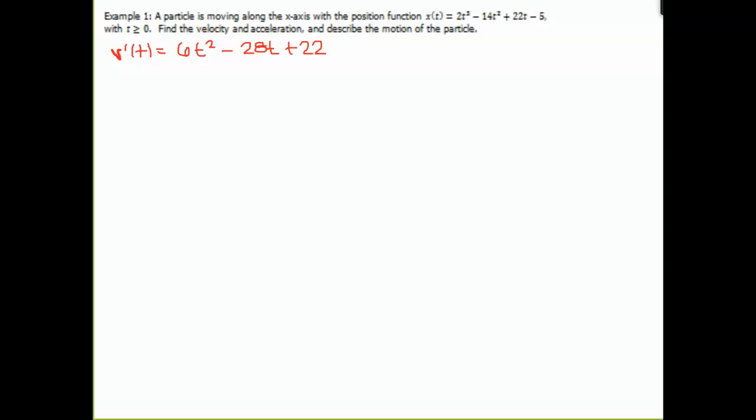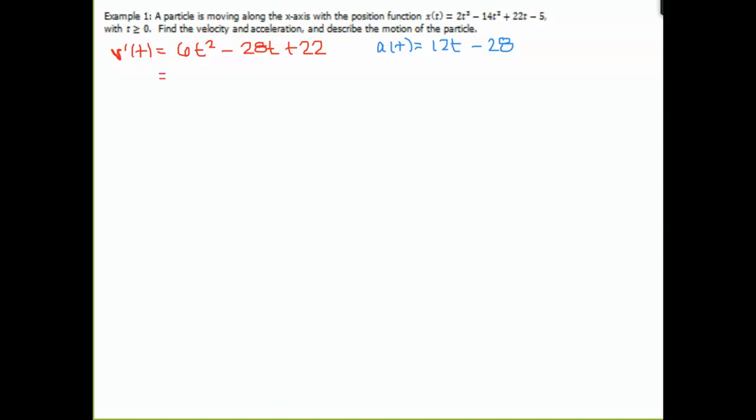Our acceleration is the derivative of velocity, so 12t minus 28. And then to describe the particle's motion, we need to find the zeros of velocity and acceleration.